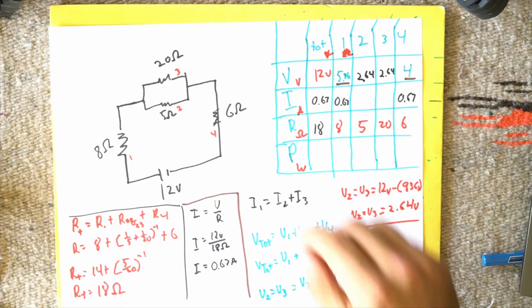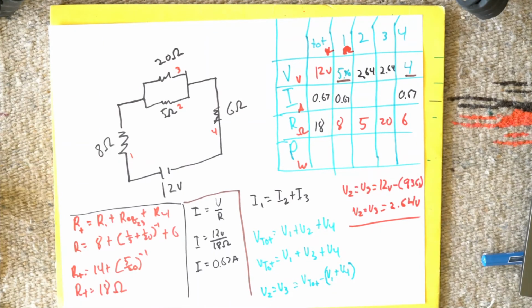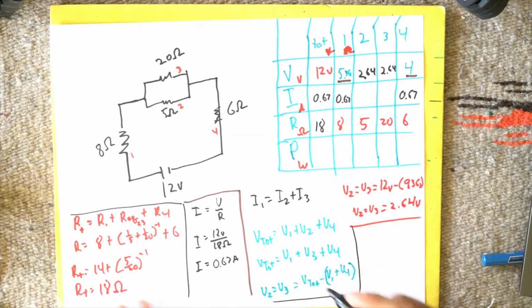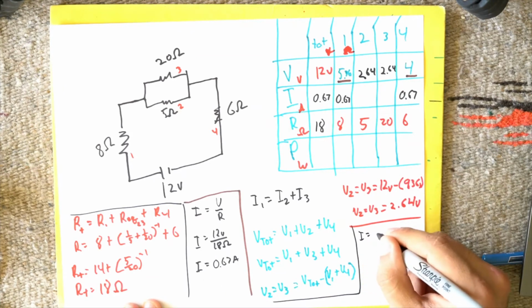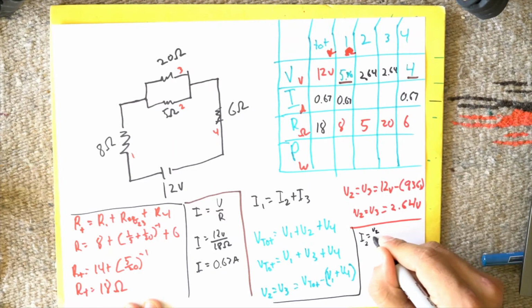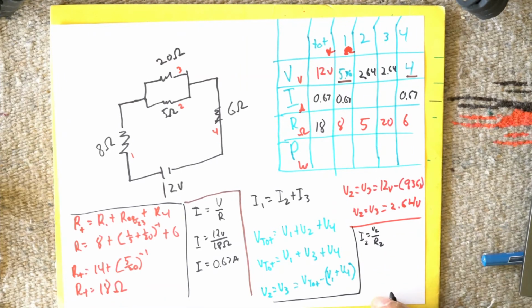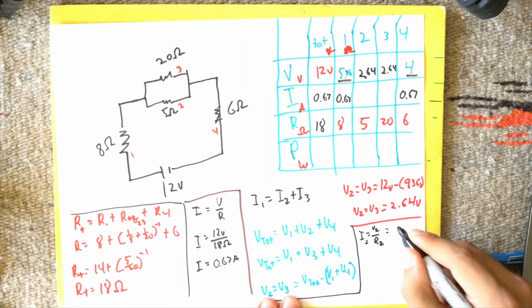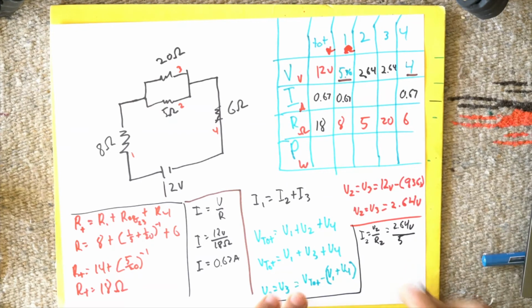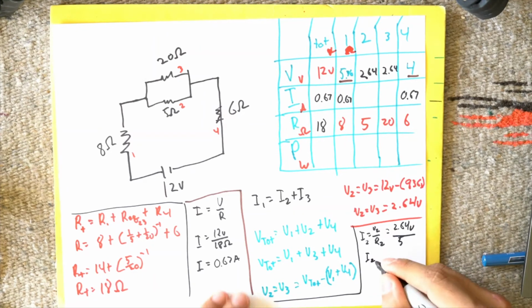Now, there are multiple ways in which you can do this, or this is the best way to check your answer, whatever the current is. So in order to find the current, we must do what we did here. V equals IR, and then let's call I2 equals V2 divided by R2. So if you did that, you'd have 2.64 volts divided by 5. Okay, plug that in. One second.